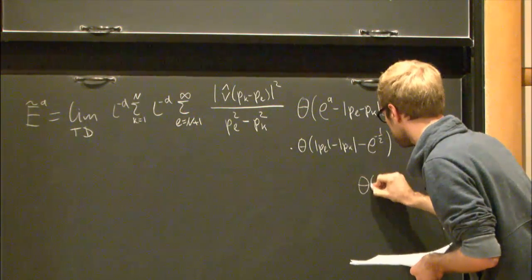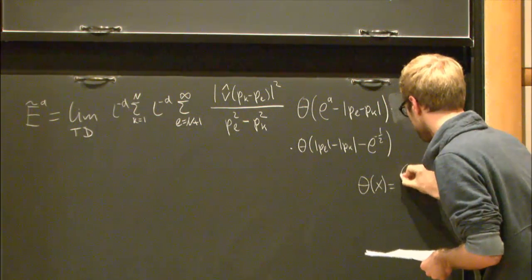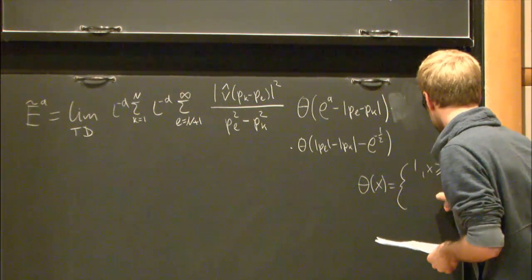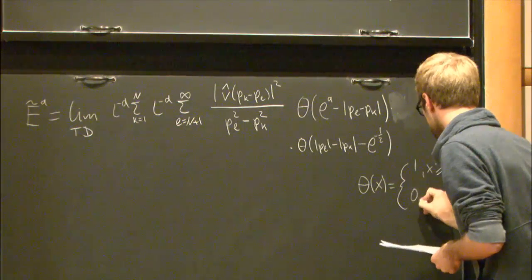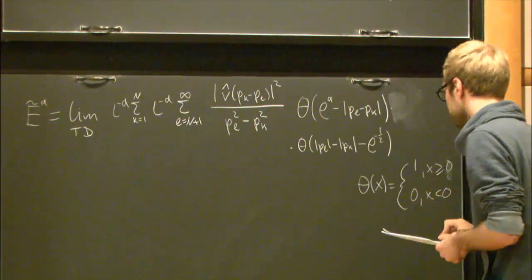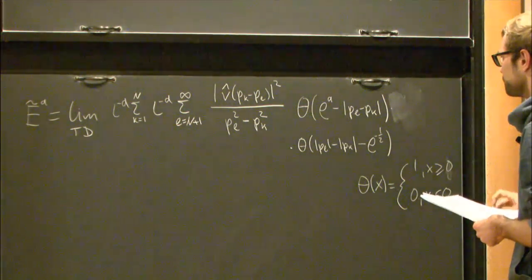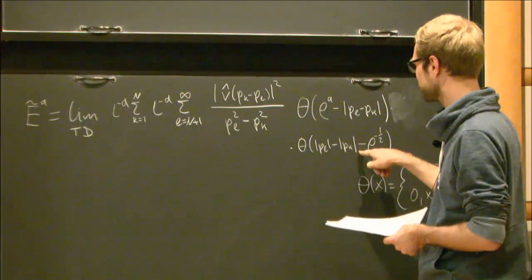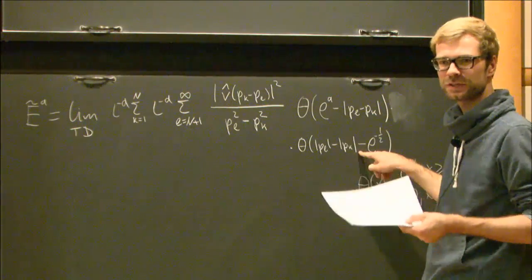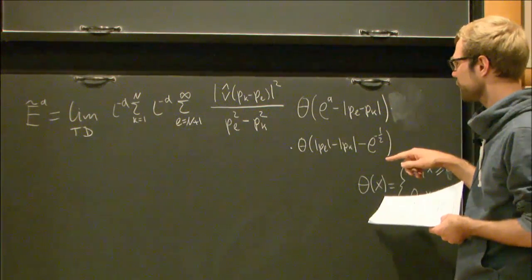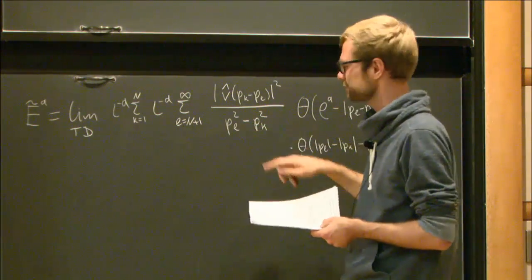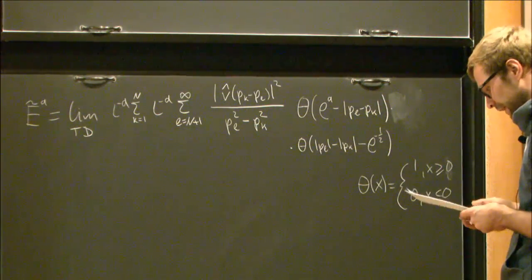So theta is just the usual step function, 1 for positive x, and 0 otherwise. But when I come to a little bit of the sketch of the proof, you'll see why these theta functions should appear and why they are important. They basically tell you something about this phase difference here. Okay, so this is the energy correction.